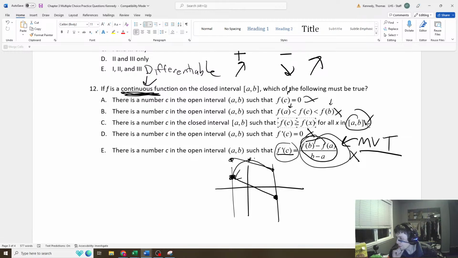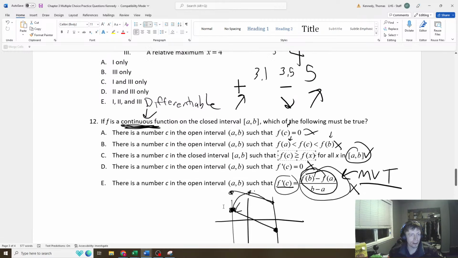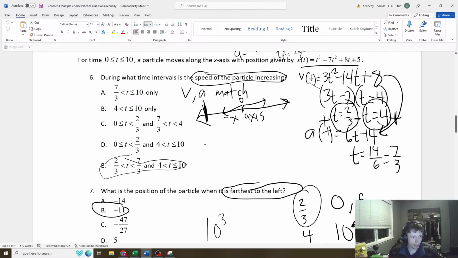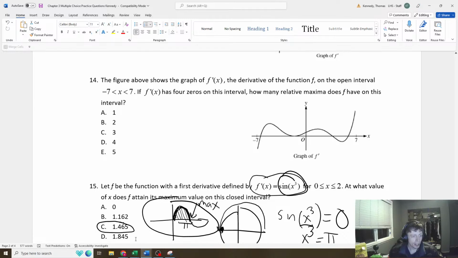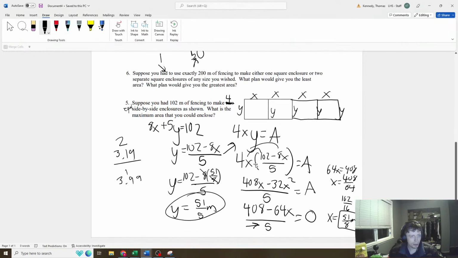Any chance you could do a review on concave up and concave down? Which one did I do on concave up, concave down? Whatever. You've been here the whole time, I think. So I go to this doc.